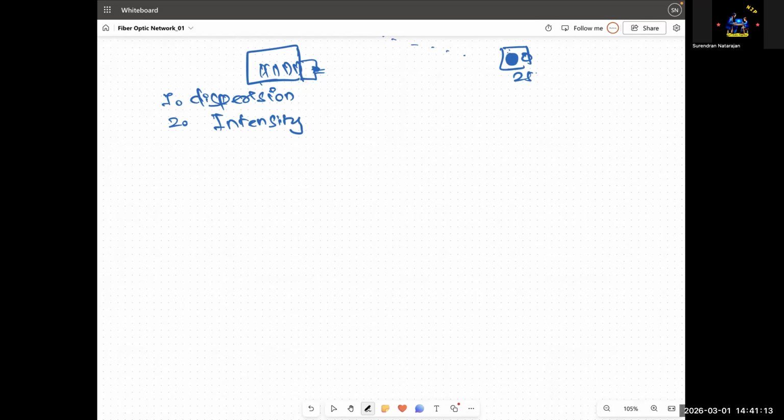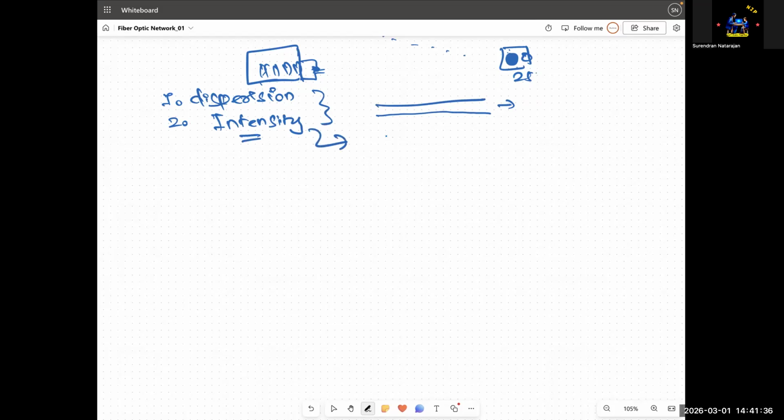This makes the light more intense, even if we don't require an extensive power supply. We make the light travel like this, still it disperses, but only after a distance. So the second one is intensity.